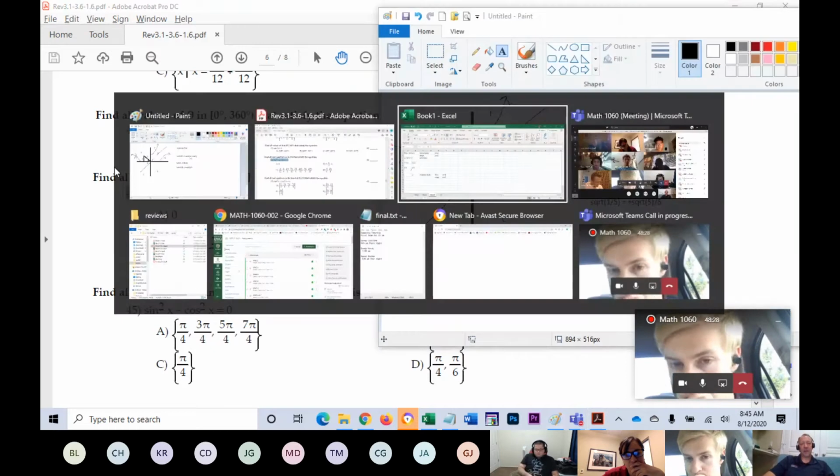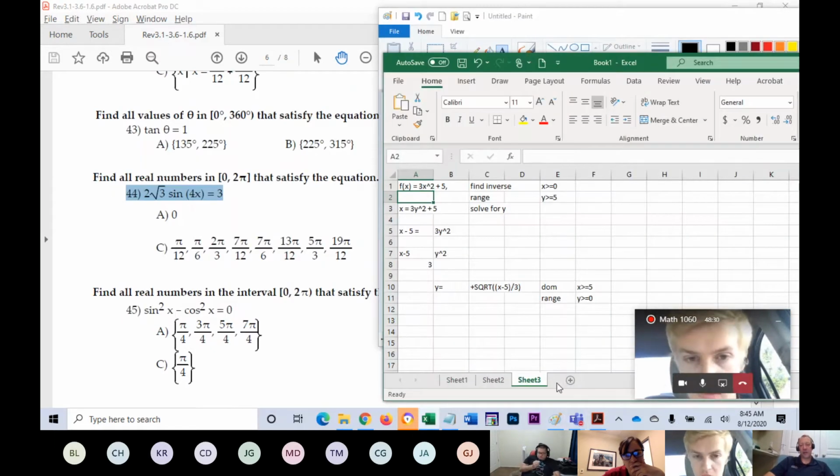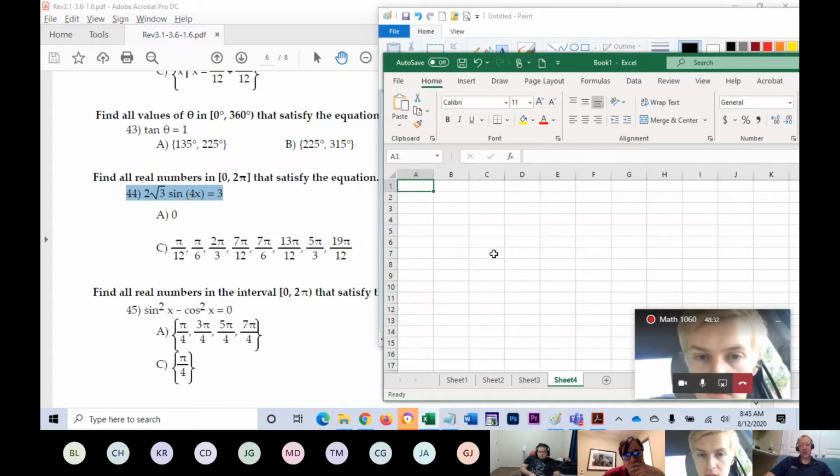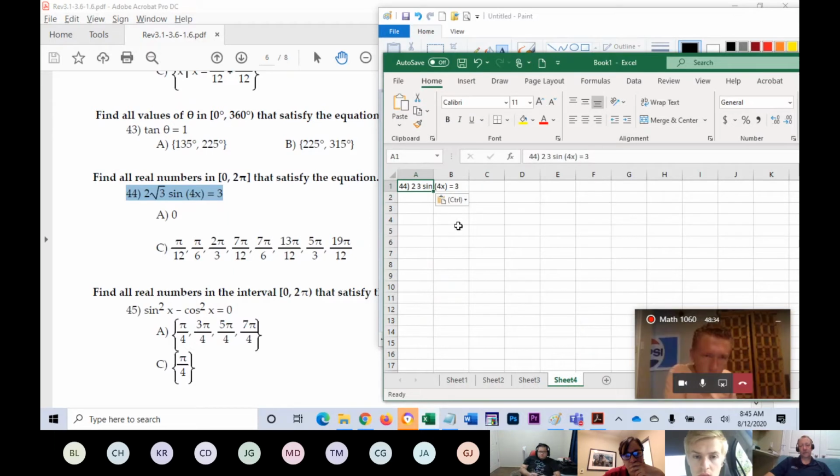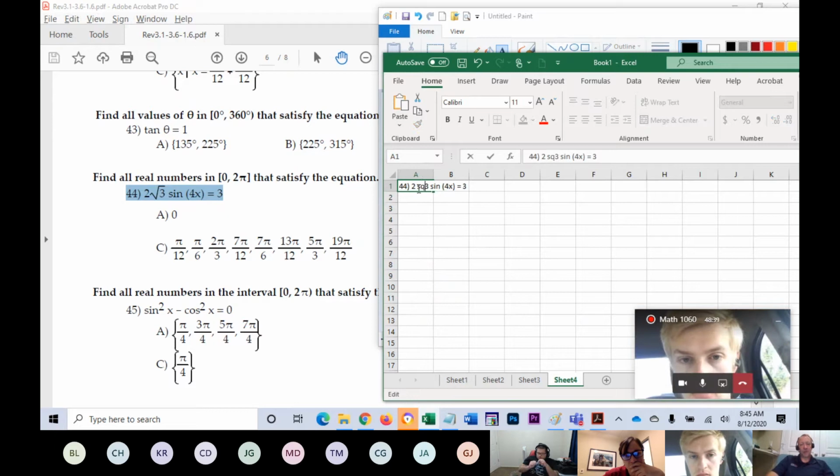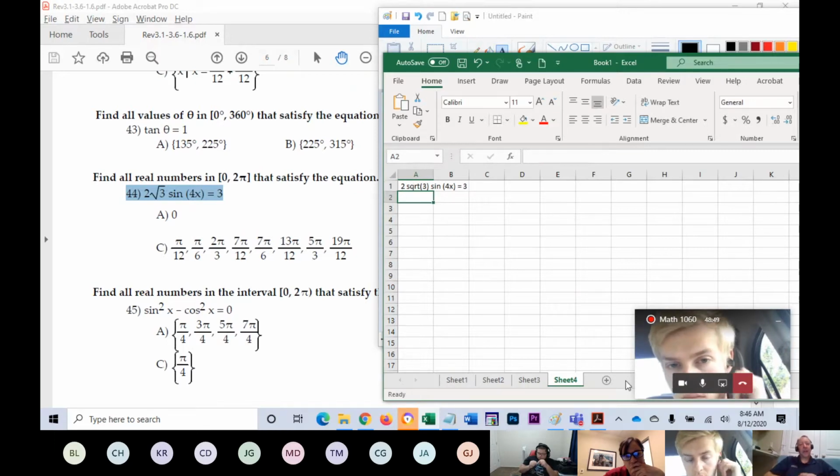I'm getting lucky at copying these. Oh, it lost my square root though. 2 square roots of 3. I even copied the 44. I didn't mean to do that. I'll just confuse us later. 2 square roots of 3 sine of 4x equals 3.